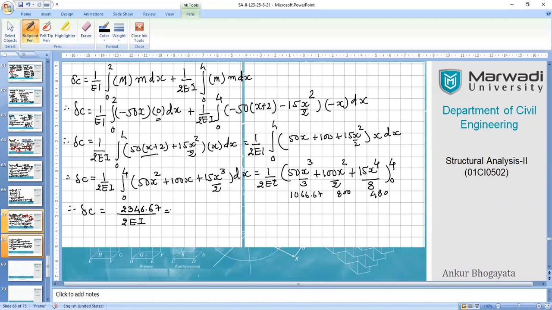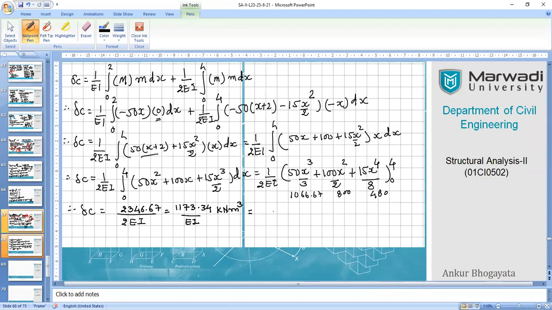So there is 1173.33. So earlier Darsha was correct, I suppose. 1173.34 divided by EI, kilonewton into meter cube.